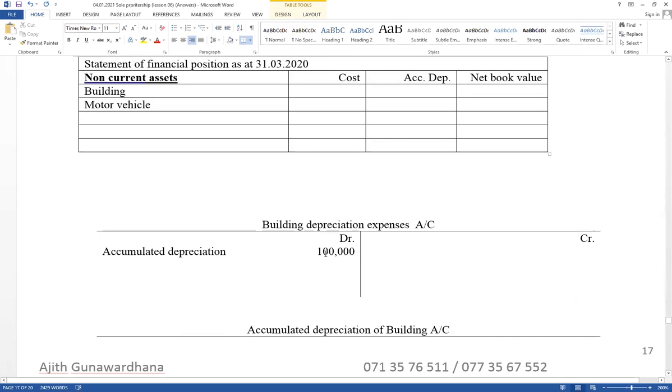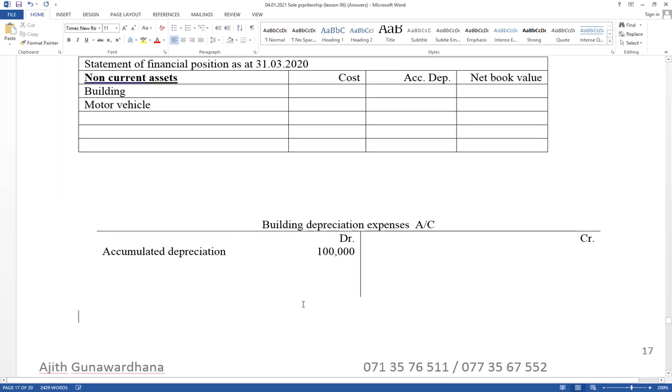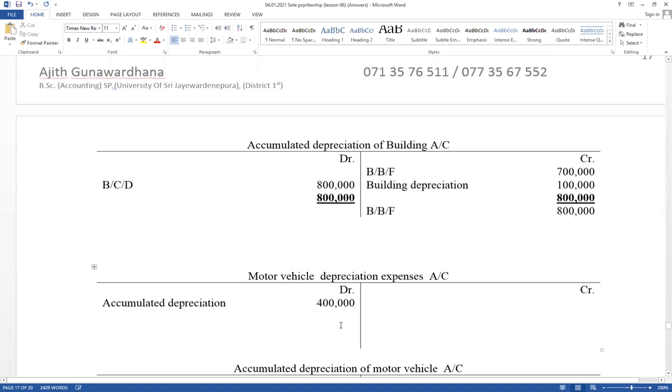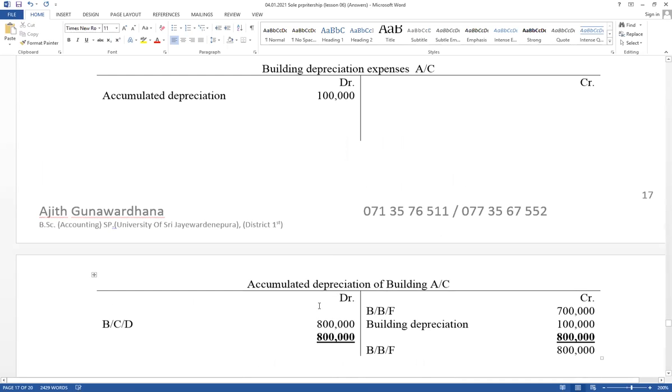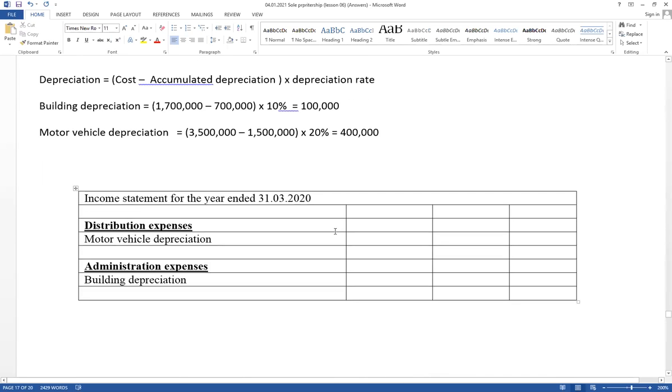Think about the expense accounts, building depreciation and motor vehicle depreciation expense. Therefore, that value should be included in the income statement. Motor vehicle depreciation under distribution expense 400,000, and building depreciation should be included under administration expense.